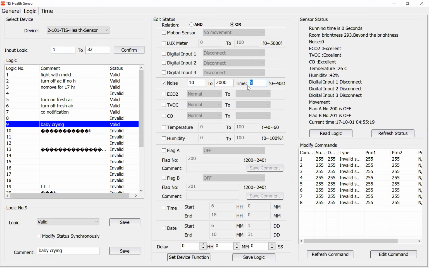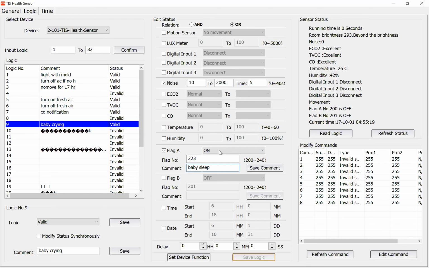Therefore, I said if we have a noise in the room for 5 seconds and the flag number 220 is on, it's a desired flag. And I put a name for this flag, it's for baby asleep.